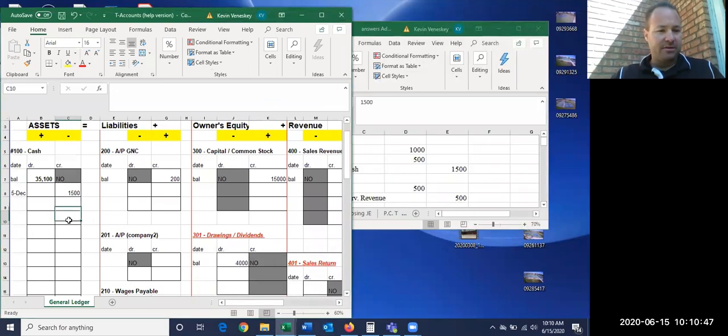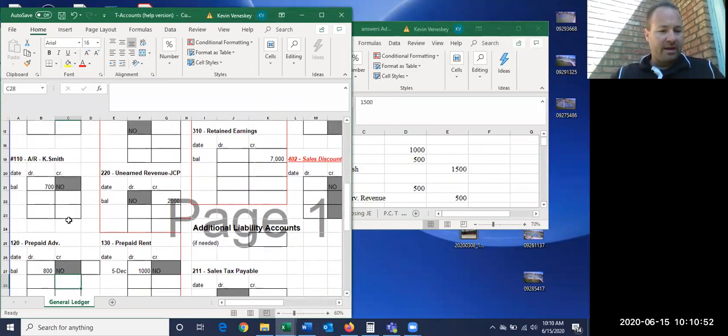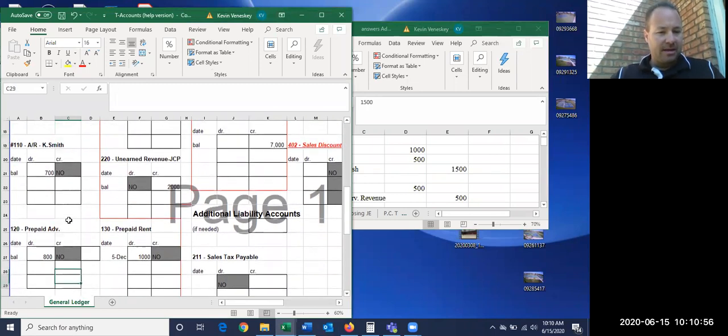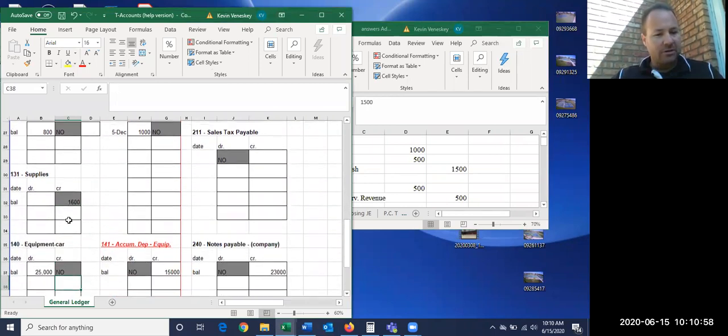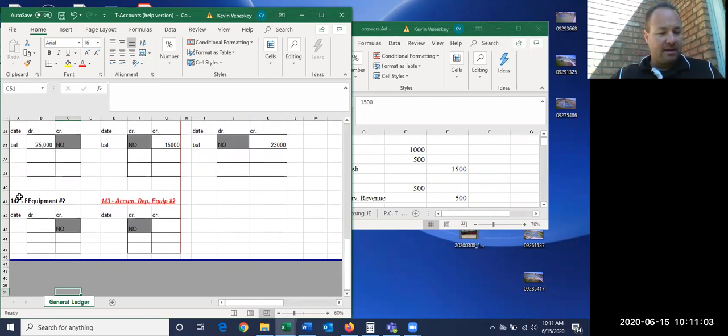All right, so let's go ahead and put these into our T accounts. We don't have an account receivable for T Jones, and I'm running out of room, so I'm going to have to come down to the bottom and maybe make this one.